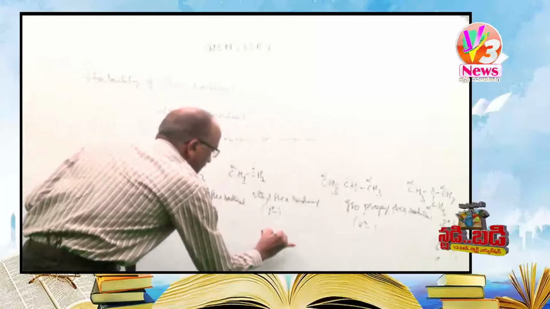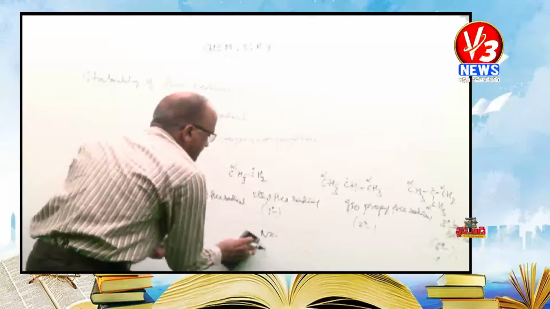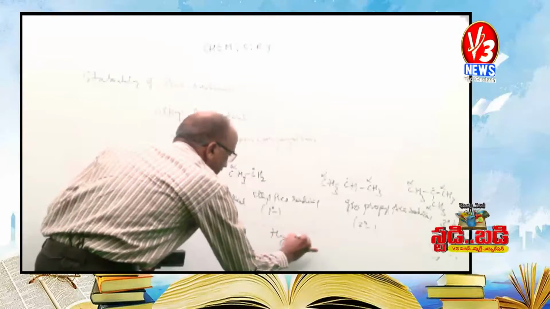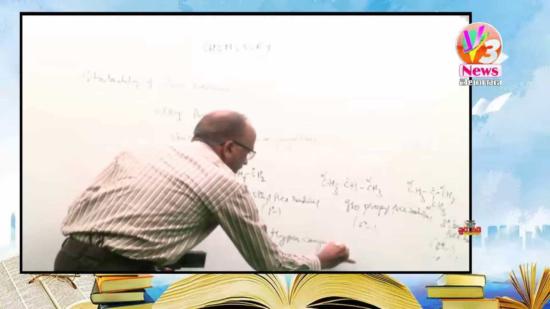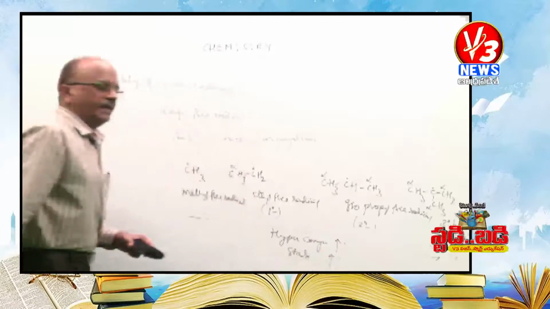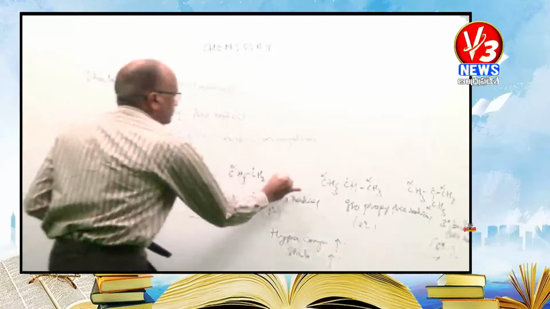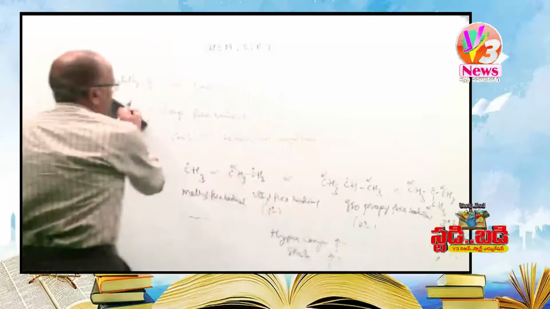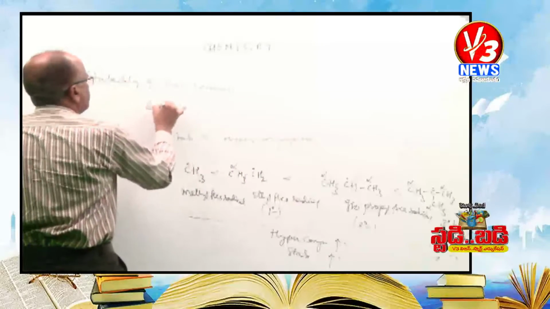So, the number of hyperconjugative structures also increases, or simply hyperconjugation increases, then the stability of these free radicals also increases. This one.